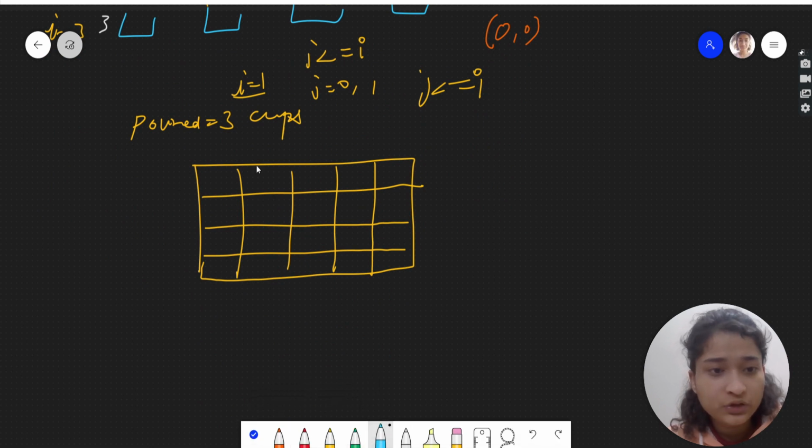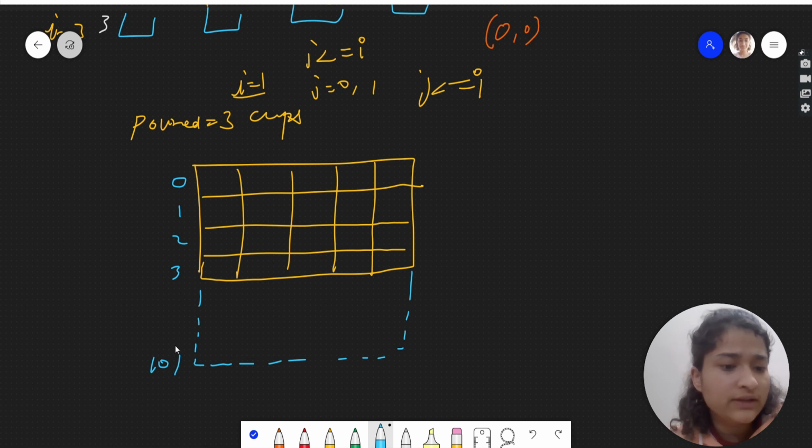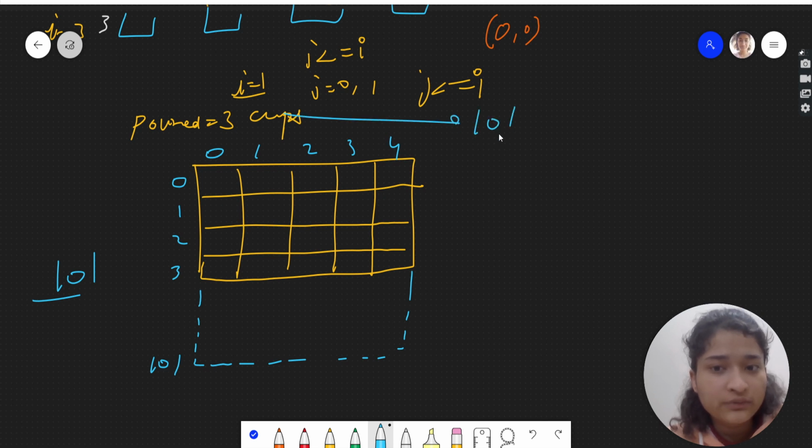let's dry run. So here 3 cups are poured. We can make 101 rows only. We can run a loop for that much only, because 101 is constant only, so it doesn't really matter. Here columns will be like this. So see, you can take 101 only, because we just saw that j will be less than equal to I. So if I is 100, j will be 100.